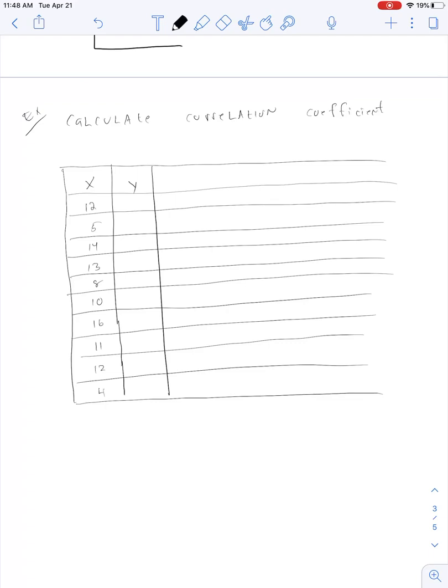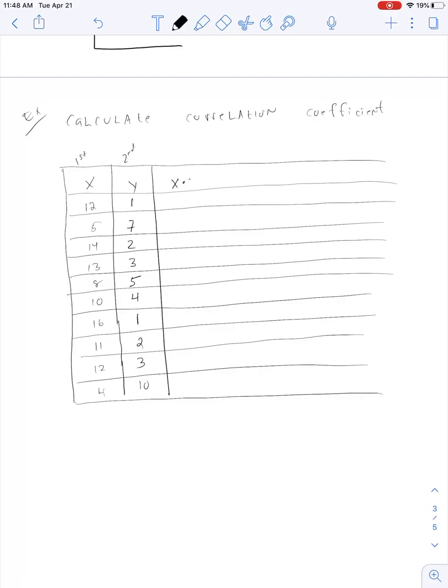The y values from that table were 1, 7, 2, 3, 5, 4, 1, 2, 3, and 10. So the first thing we do is list the x values, and the second thing, we list the y values.